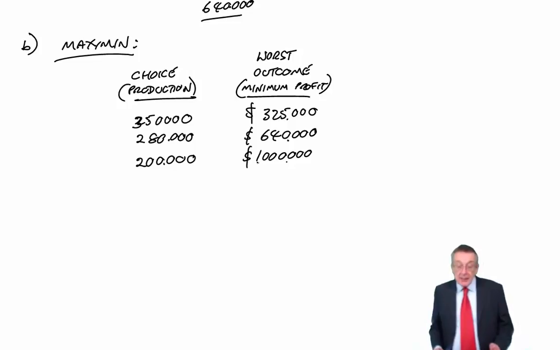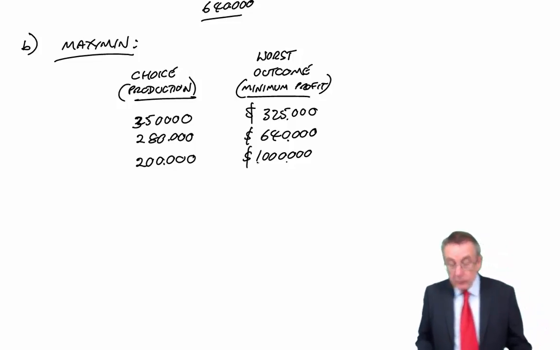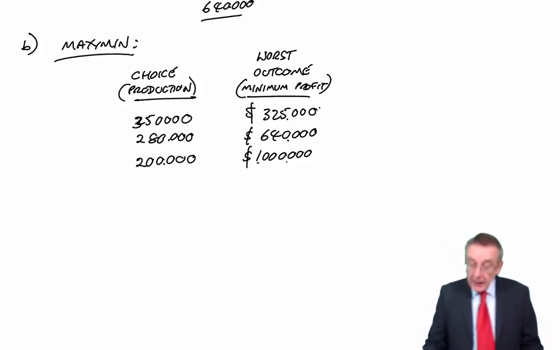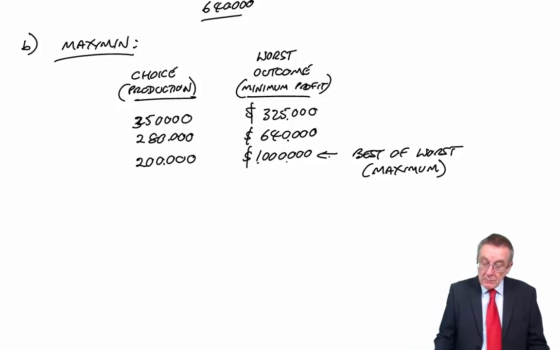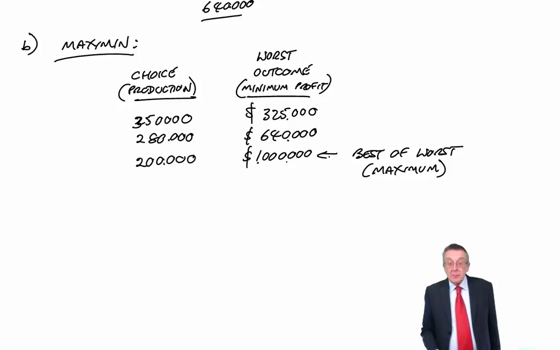If we're using maximin to decide which one we'll go for, we take the best of those worst outcomes, the best of the worst, or the maximum. So the highest of them is 200,000.